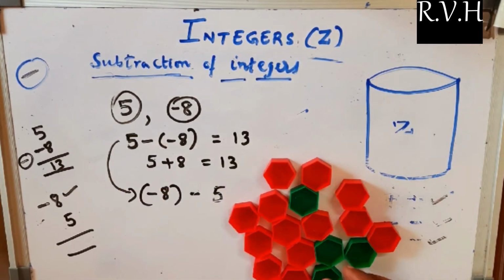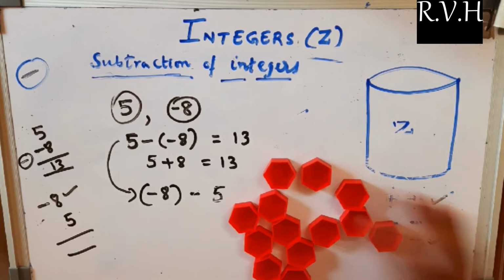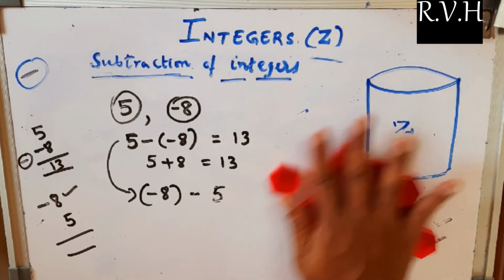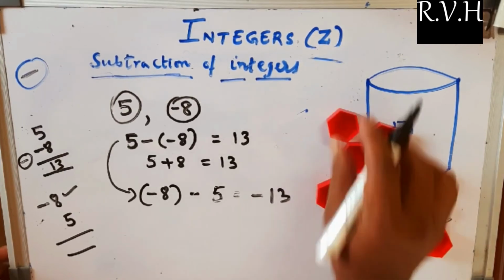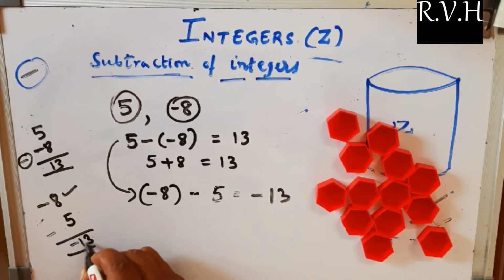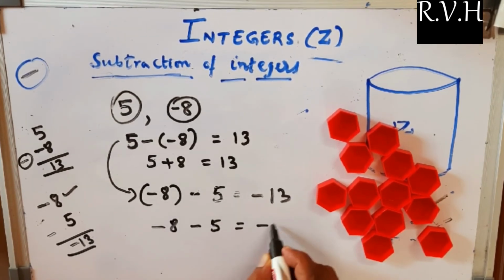Add to 5. I have taken 5. Now what are you going to have? 1, 2, 3, 4, 5, 10, 13 red ones. Red means minus, 13 red ones. So here this answer is minus 13. So minus 8 minus 5 is equal to minus 13.